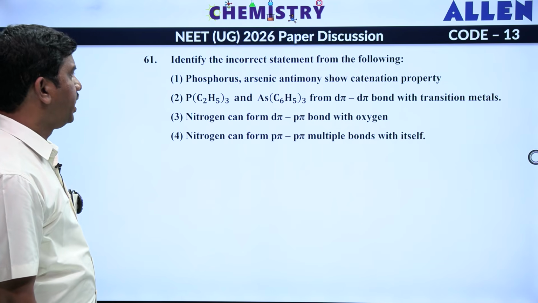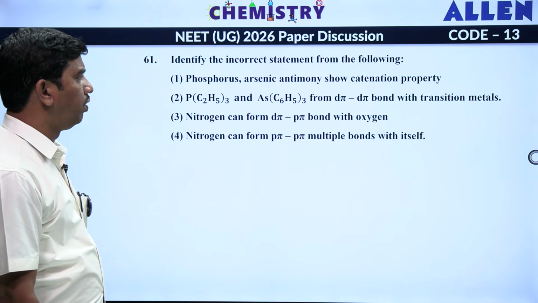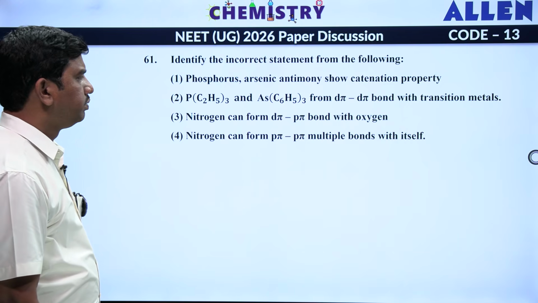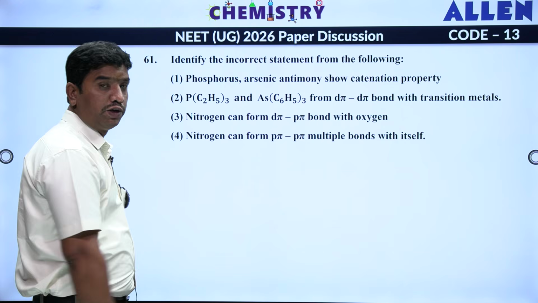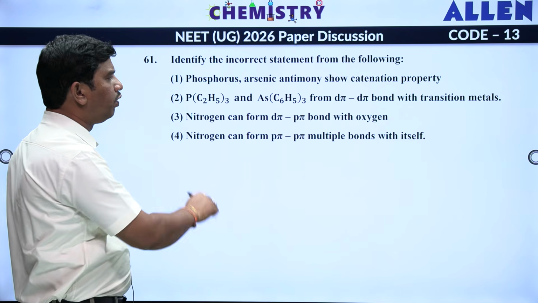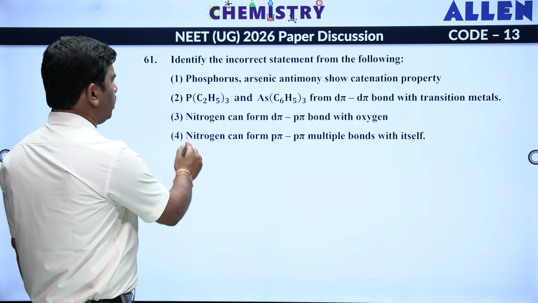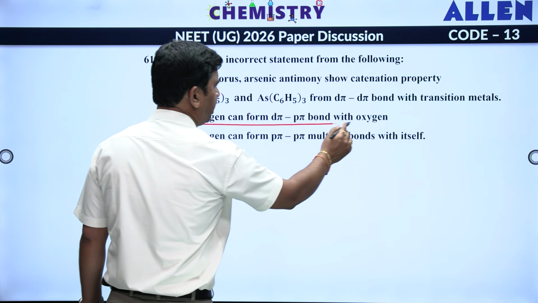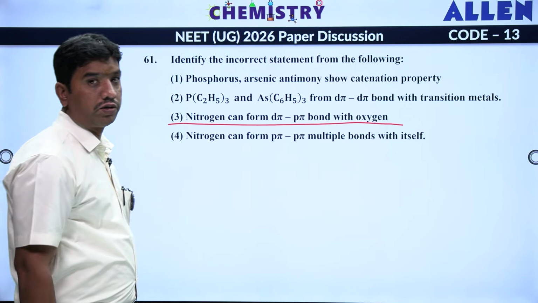Next one, identify the incorrect statement from the following, and this is one of the questions from inorganic. So if you see these 4 options, here nitrogen can form d pi p pi bonds with oxygen.